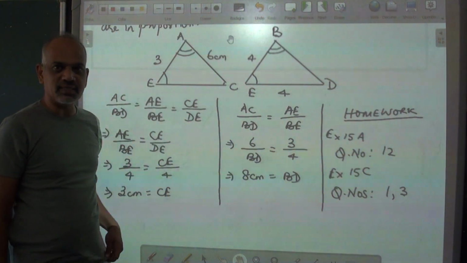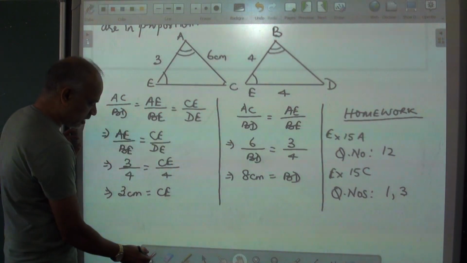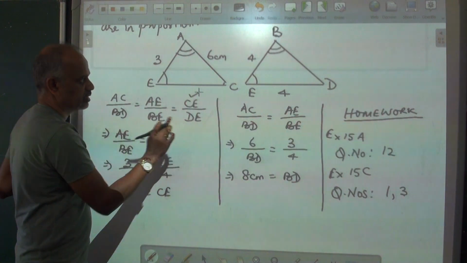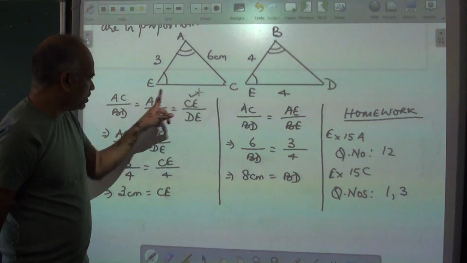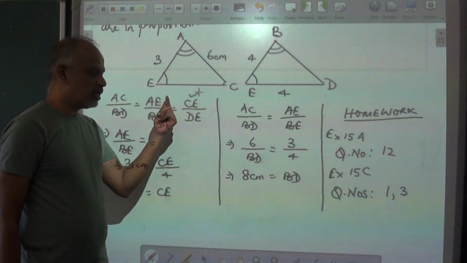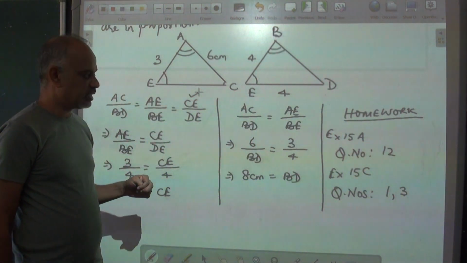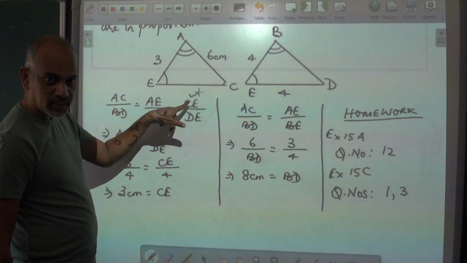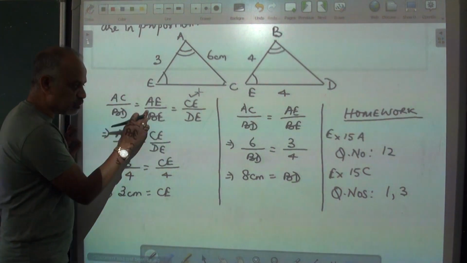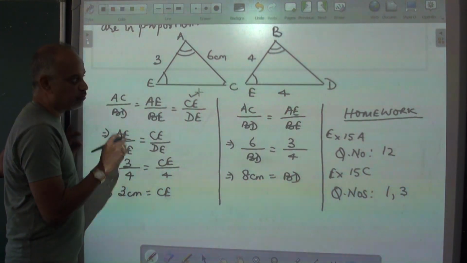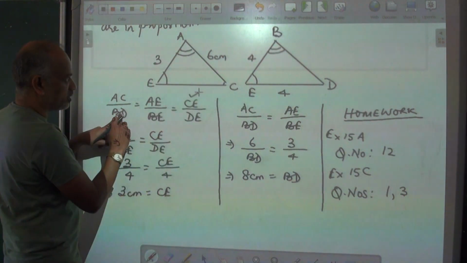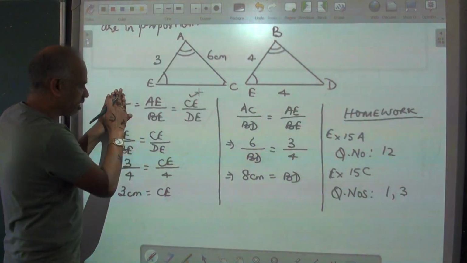First question is you have to find CE, and CE is present in this ratio. There are 3 ratios here. You can't take all 3 of them together. You will only take 2 of them at a time. CE is what is asked, therefore you have to take this ratio. And out of these 2, you have to take whichever is known. You know AC, but you don't know BD, so we cannot take this.